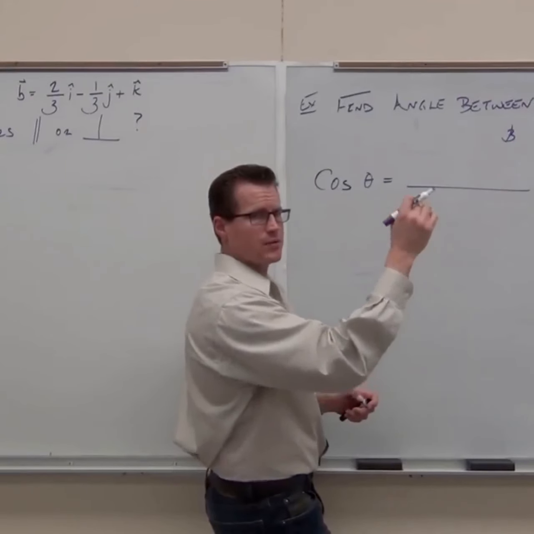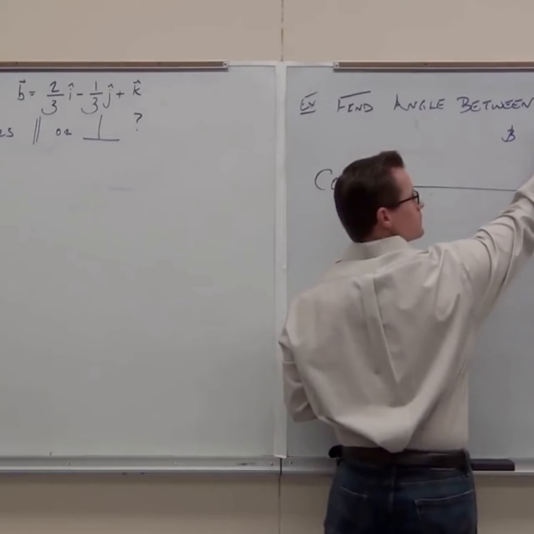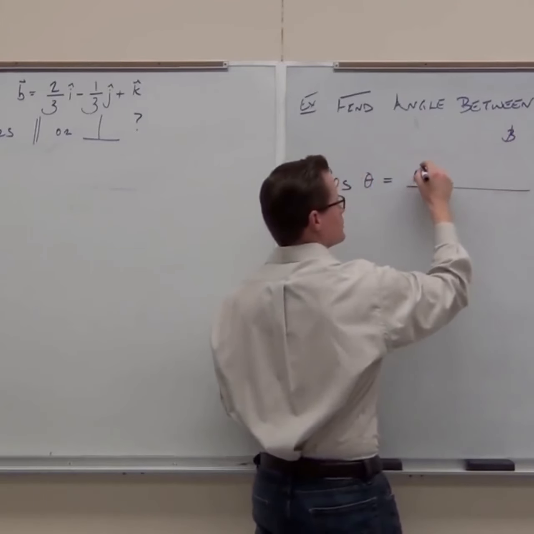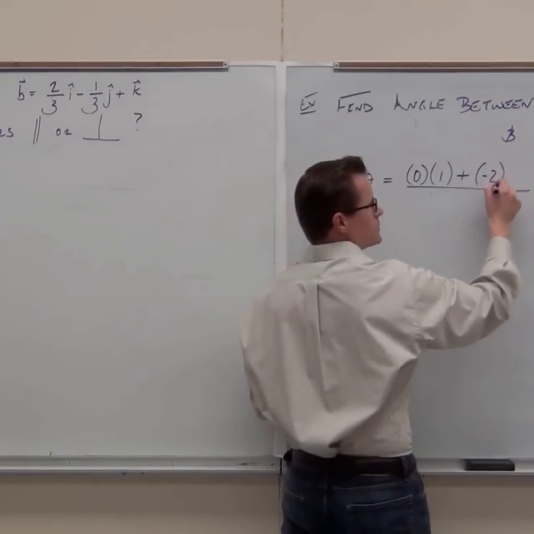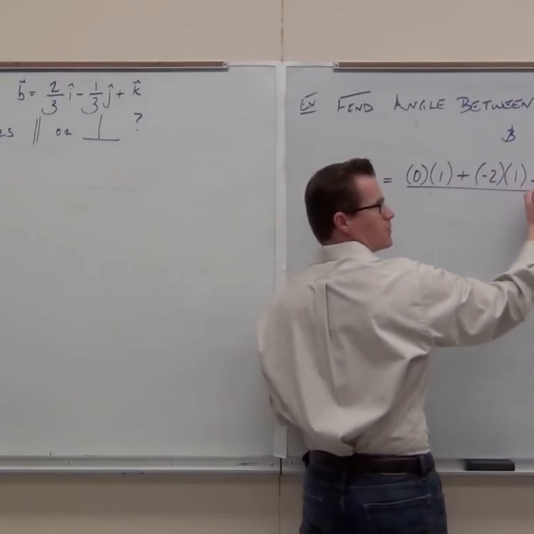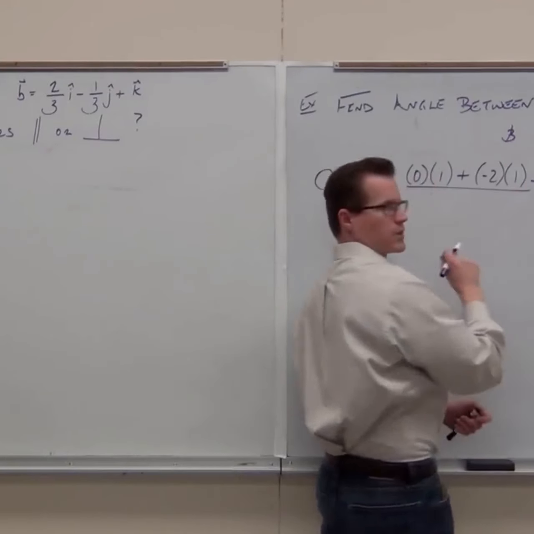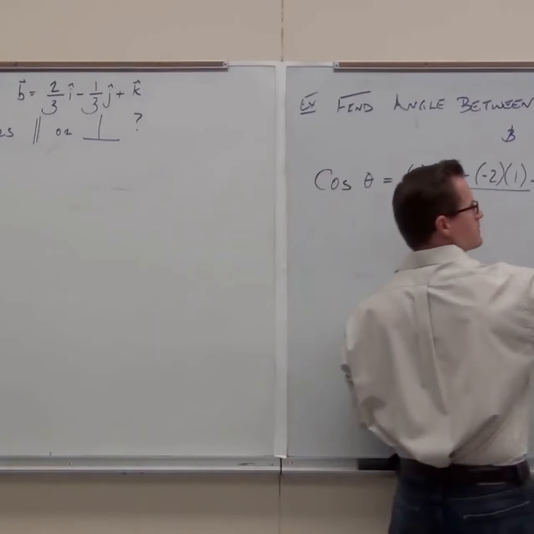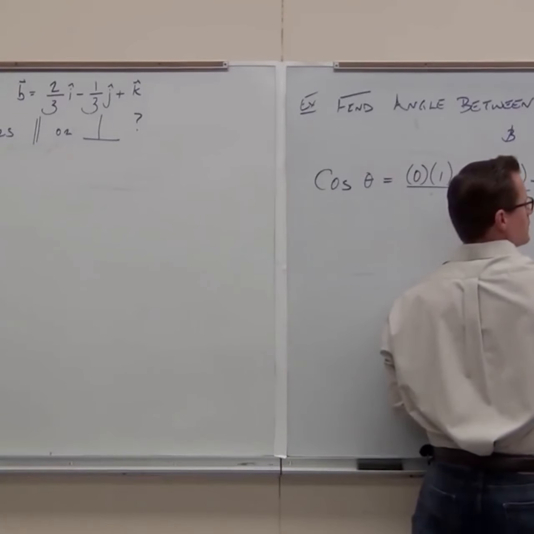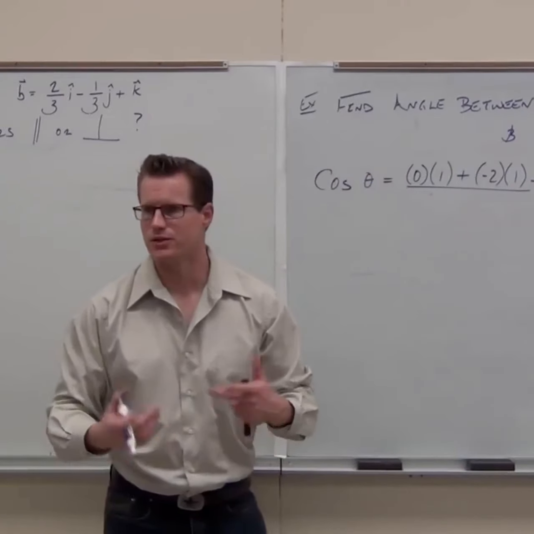The dot product of V and W, since you guys are now pros at it, 0, because there's no i's. 0 times 1 plus negative 2 times 1 plus 3 times 2. Head nod if you're with me on that one. Yes. All this is that. Or W dot V. It does not matter. It's computed.